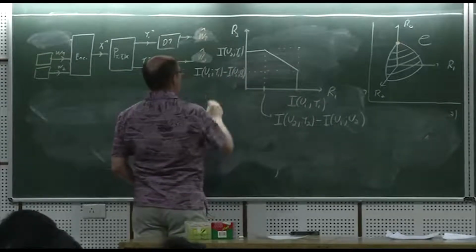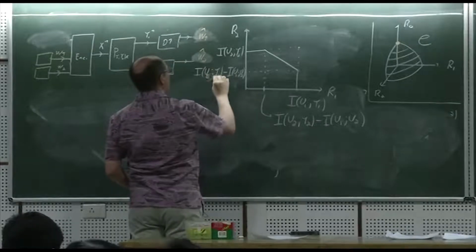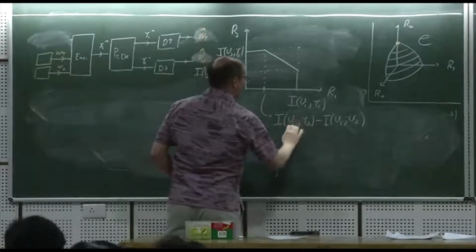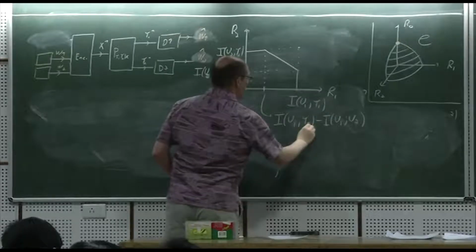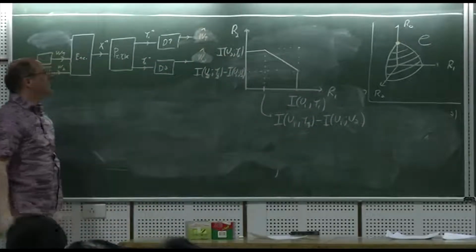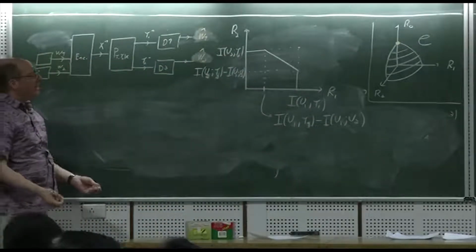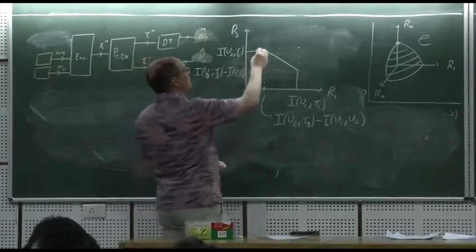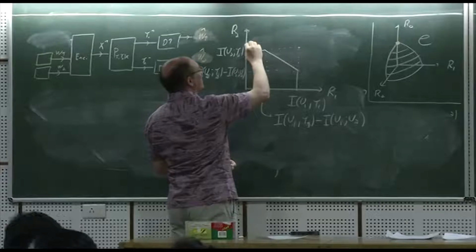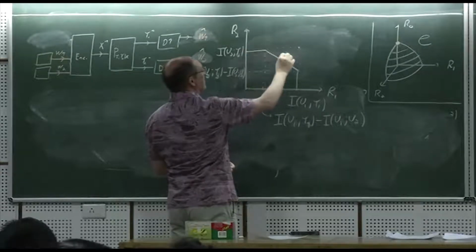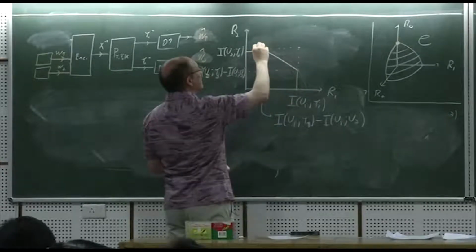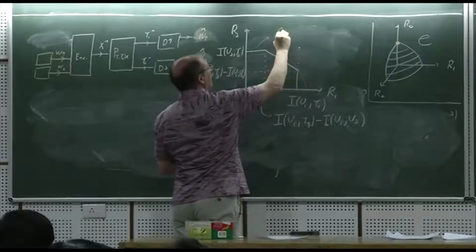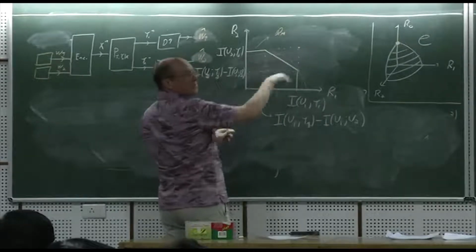I guess I did this wrong, U2, Y2, my apologies. U1, Y1, of course, right? U1, Y1, U2, Y2. And now this is for a fixed joint distribution. If we change the joint distributions, we might get a region that looks like this. This might be the R_M, because we get a lot of these pentagons, right?